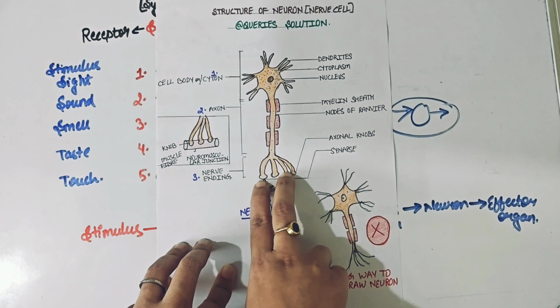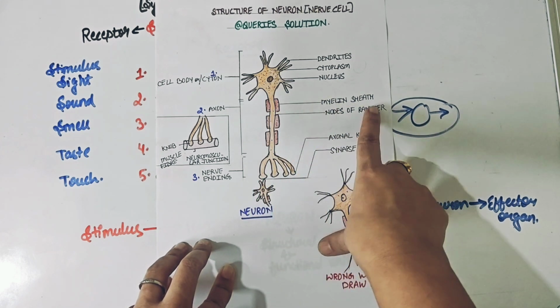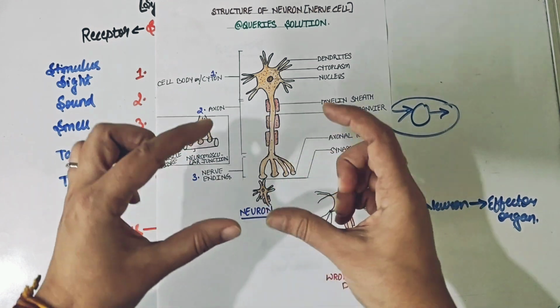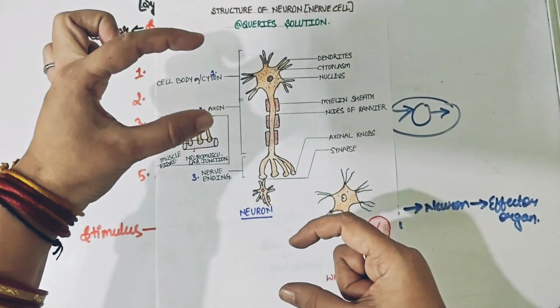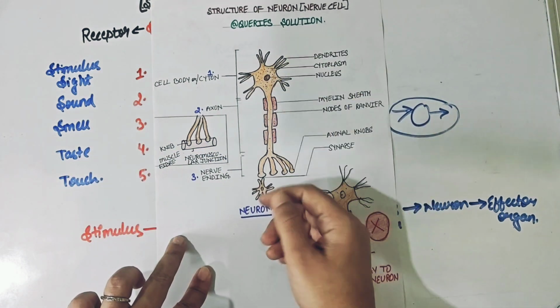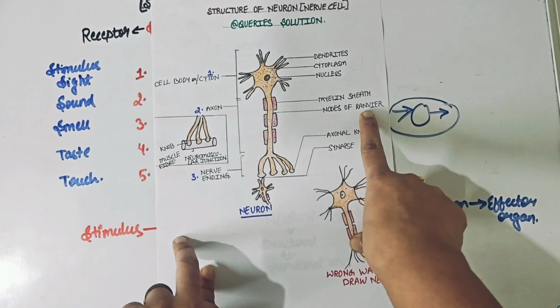Then we have this long, elongated structure, which is covered by myelin sheaths, and these myelin sheaths are present in constrictions, one part, then second part, then third part. The parts where these sheaths are absent are what we call nodes of Ranvier.